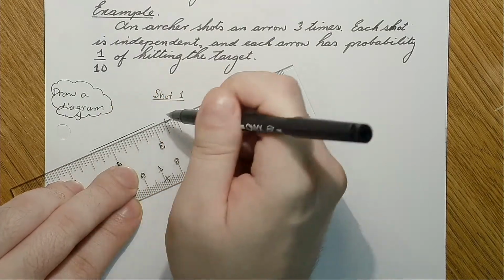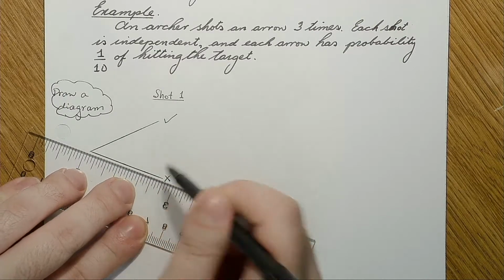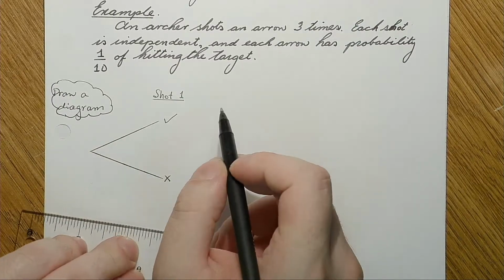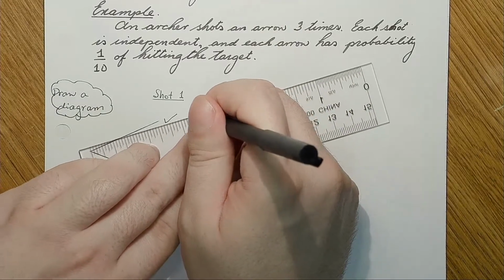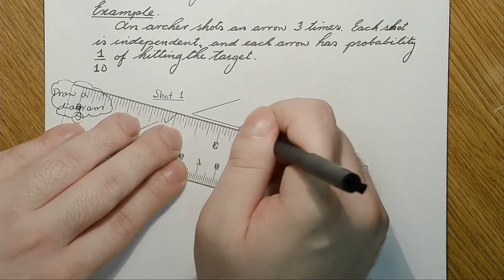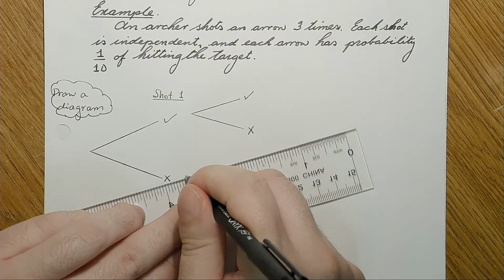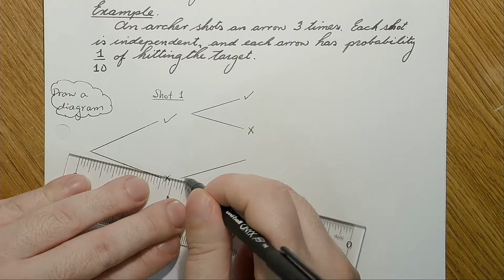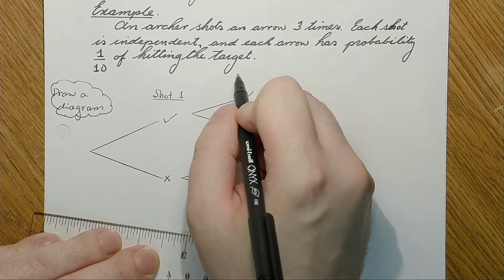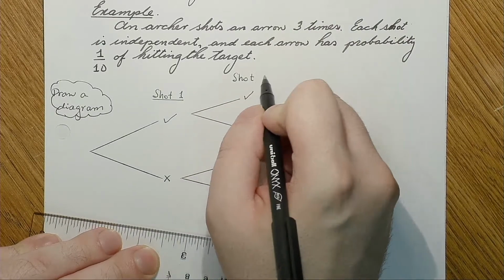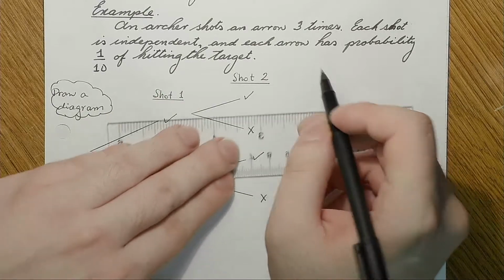Again, I'll draw my tree diagram here. Then the next one is shot 2, on each of those. Same thing here. And lastly, we'll have shot 3.